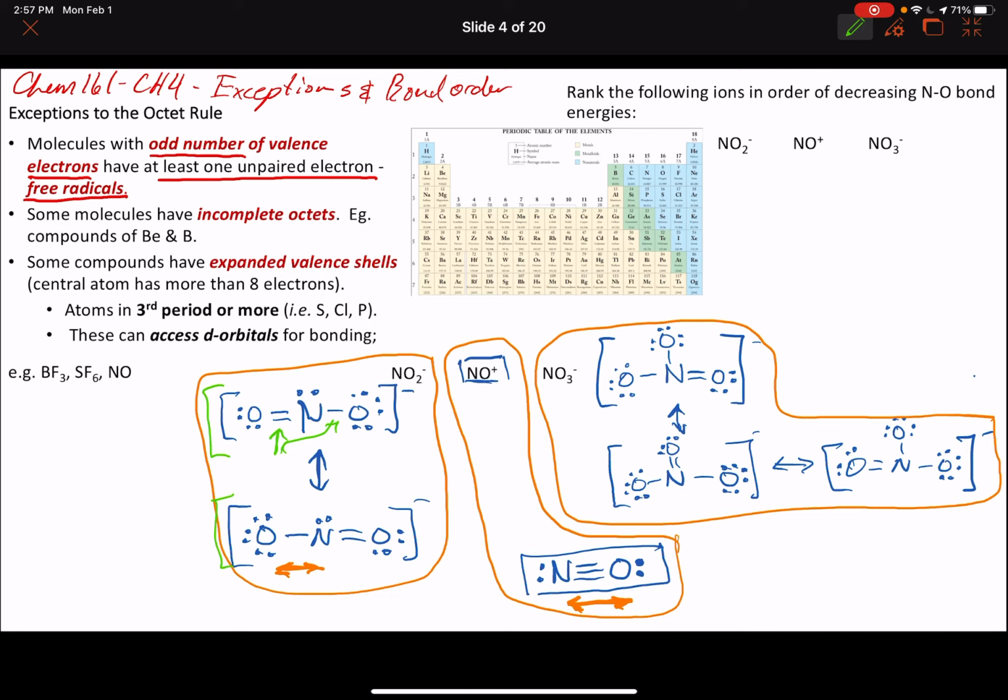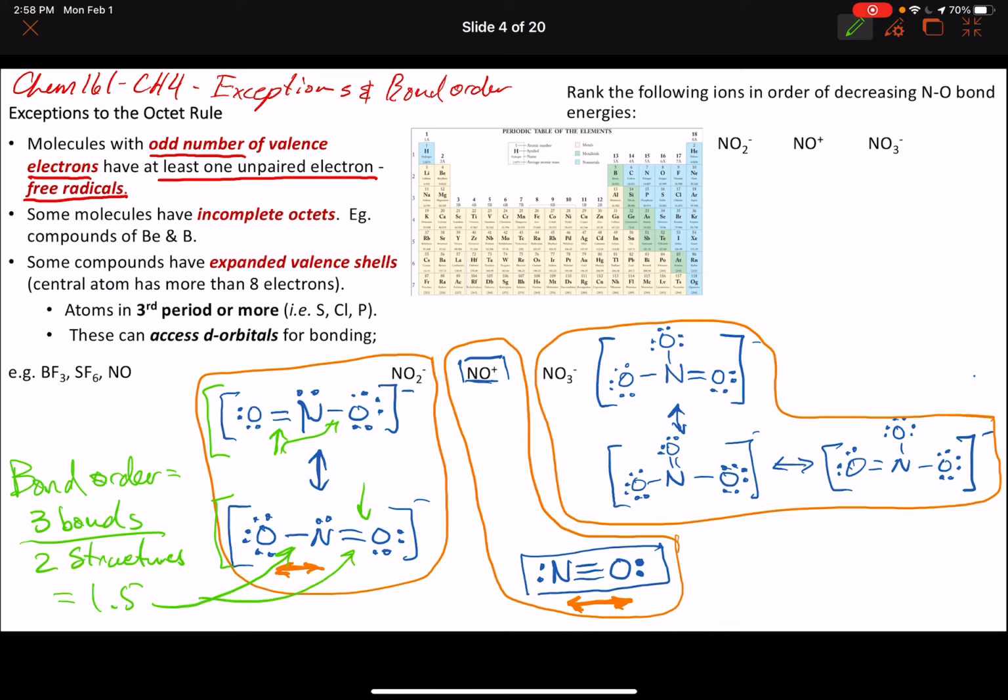We can predict that the average bond here is not a perfect double bond, but more of a 1.5 bond. So we can say that the bond order is those 3 bonds divided by the 2 structures. So this gives us a bond order of 1.5. Each of these bonds is 1.5.